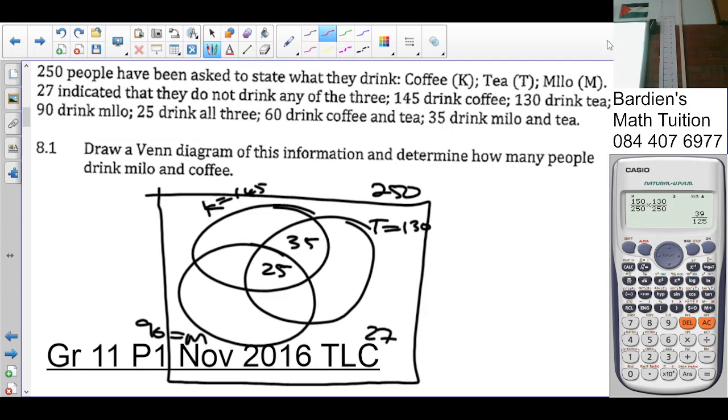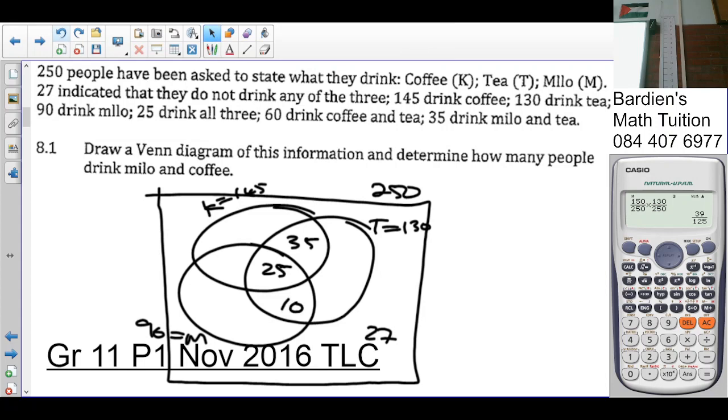So this here, Milo and tea, that is going to be 35. So minus 25 would give you 10. So that means 10 drink Milo and tea only.